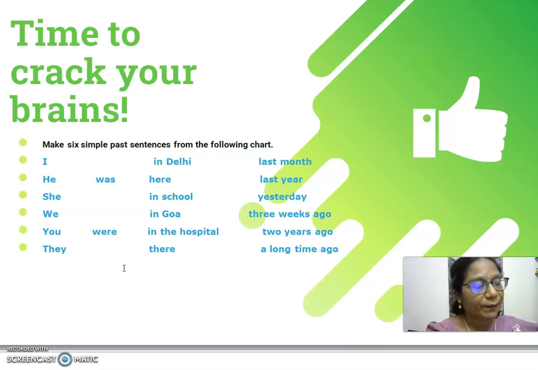It indicates a time. Okay, so I'll just do one for example. I was in Delhi last month. Okay, I was in Delhi last month. So I am picking a word from each column, and with that I am able to construct a sentence.